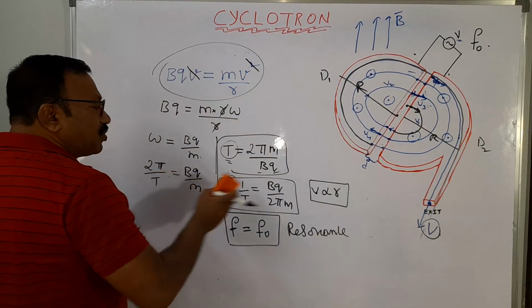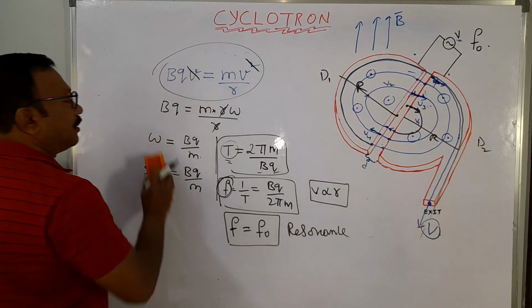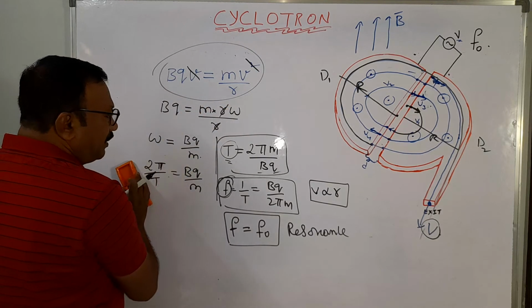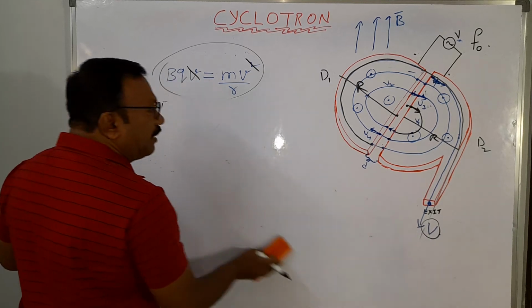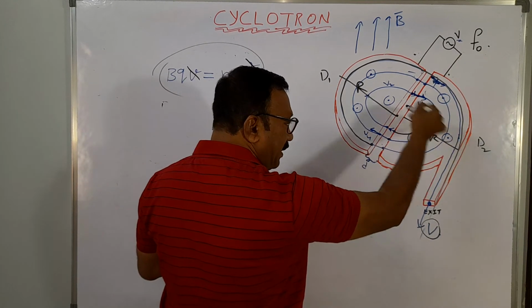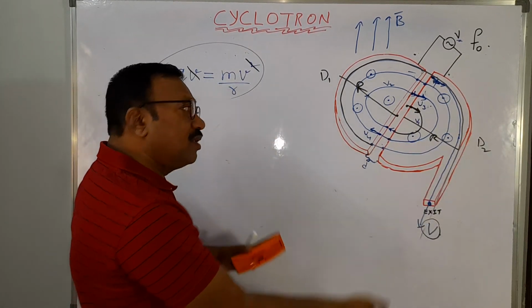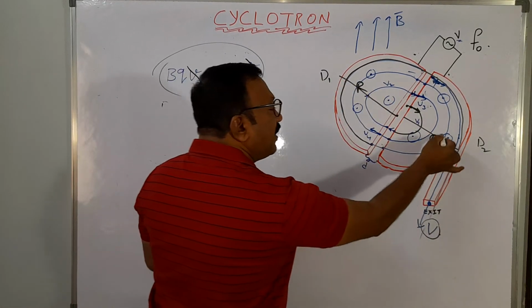So what happens to the energy of the particle? The radius of the circular motion, let us say the final radius. It is coming out now. That is the final radius. What is the final radius?